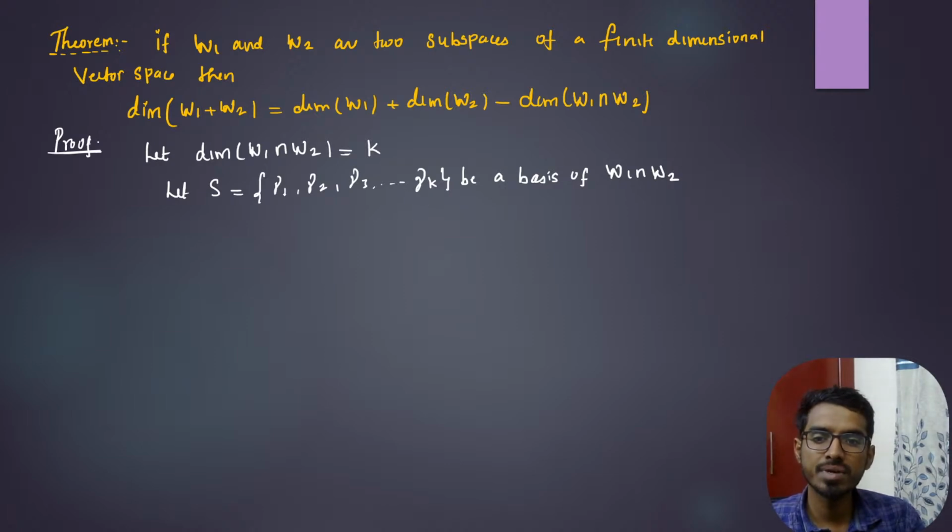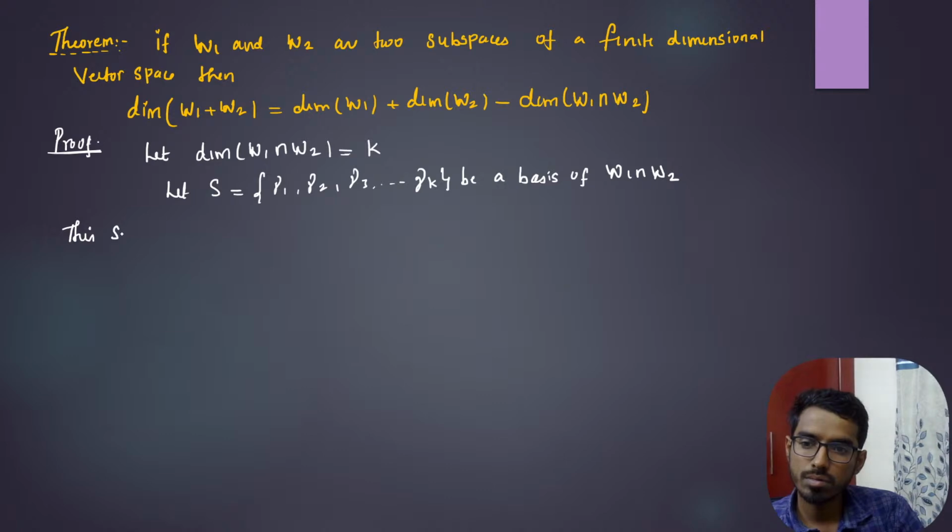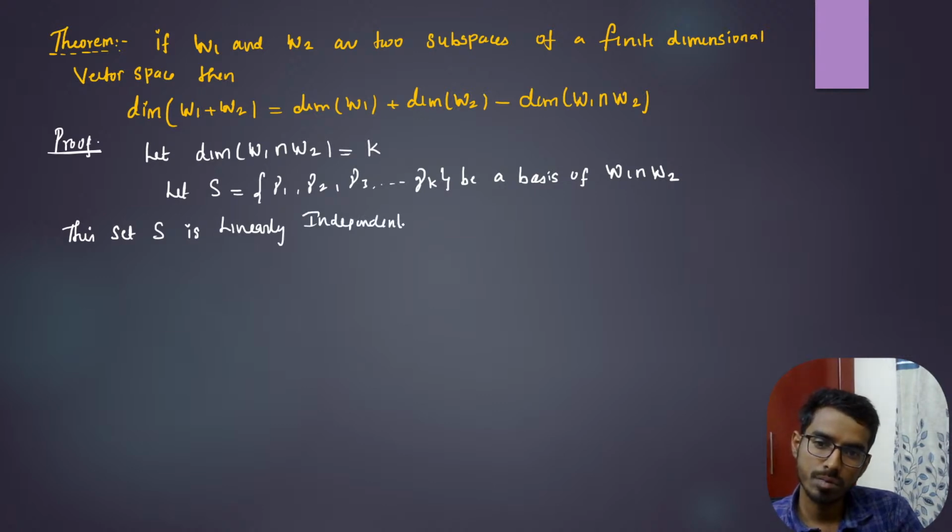Let us say those elements are gamma 1, gamma 2, gamma 3 and so on, a basis of W1 intersection W2. Now this set S is linearly independent, right? And S is a basis for W1 intersection W2.